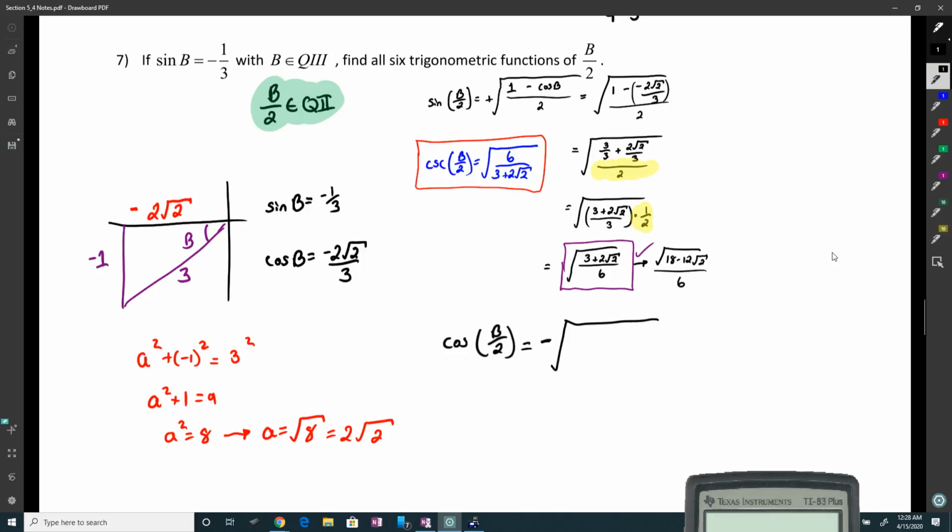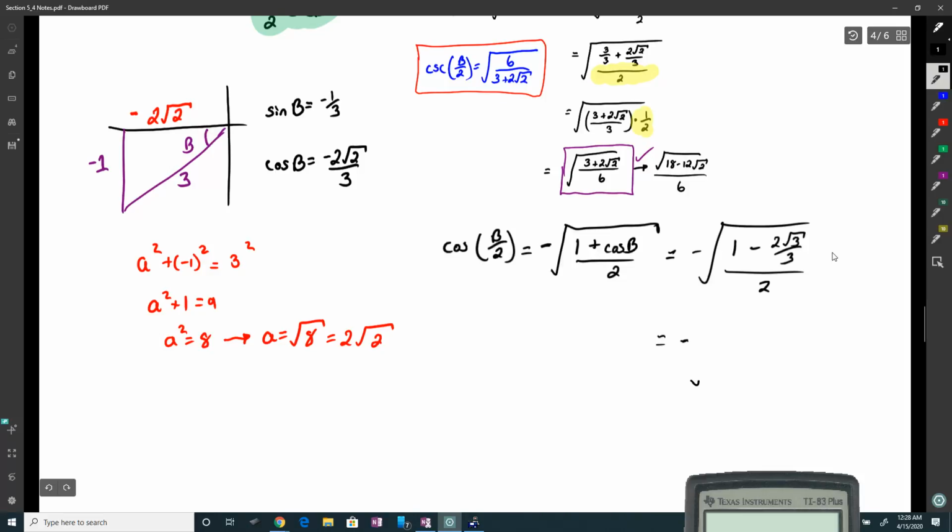And so I have 1 plus cosine of b over 2. So a lot of the same math involved. We get negative big square root 1 minus 2 square root of 3 over 3. Yeah, over 2.